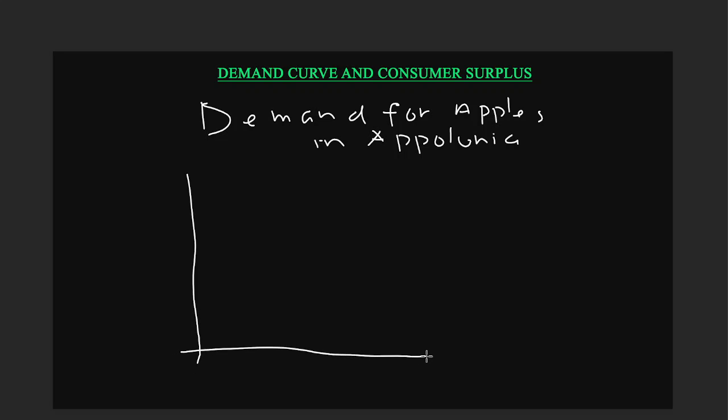Okay, now let's first of all draw a demand curve. Let's put the quantity of apples demanded on the x-axis and the price on the y-axis. At a price of 3, 0 quantities are purchased.